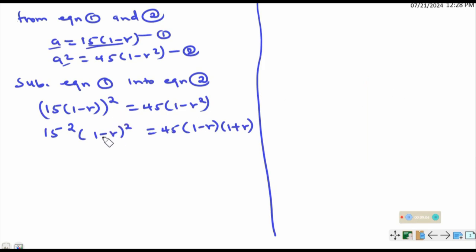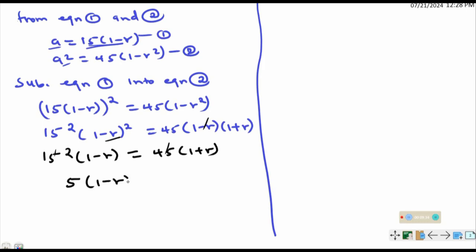So for that case, we realize that 1 minus r, one of it will cancel with 1 minus r from here. And we shall remain with 15 squared into 1 minus r, which is the same as 45 into 1 plus r. For that case, we can divide 45 and 15 squared. When you divide 45 and 15 squared, you get 5. So you will have 5 into 1 minus r, which is the same as 1 plus r.